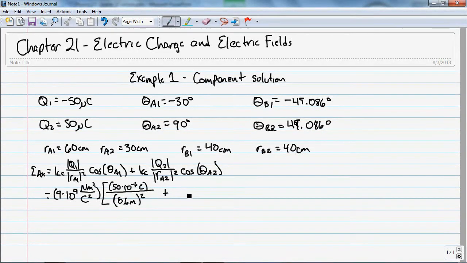Plus, our distance A2 is going to be 30 centimeters. Oh, I forgot the cosine. You're all probably hitting the screen. Cosine of A1, minus 30 degrees.